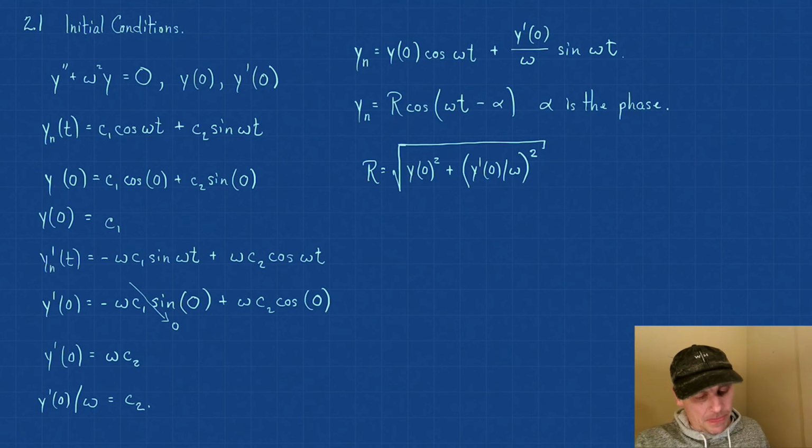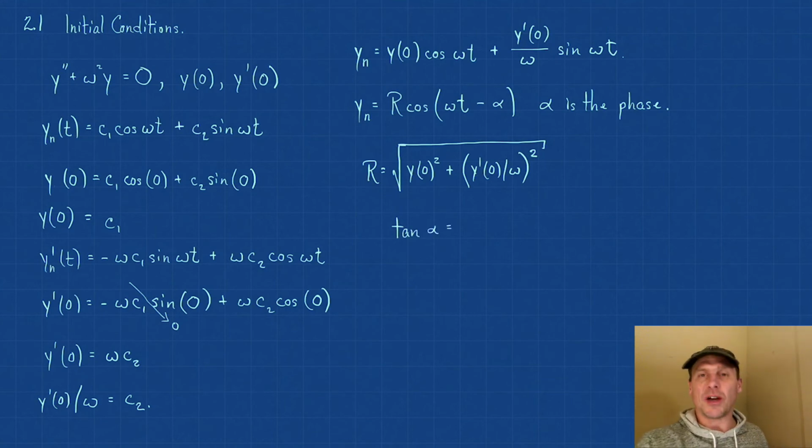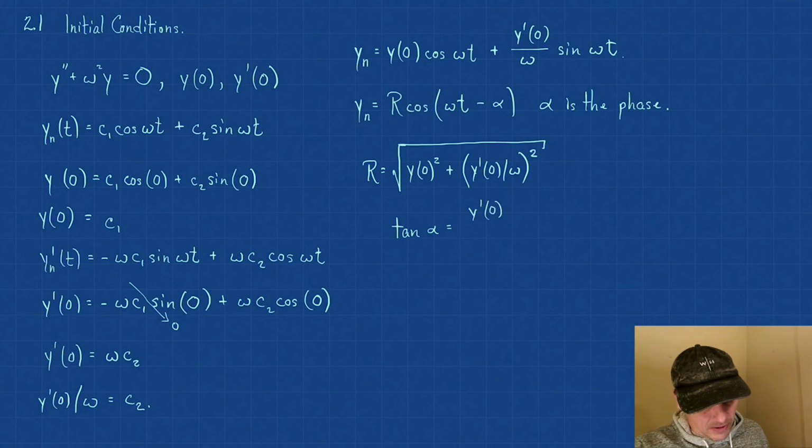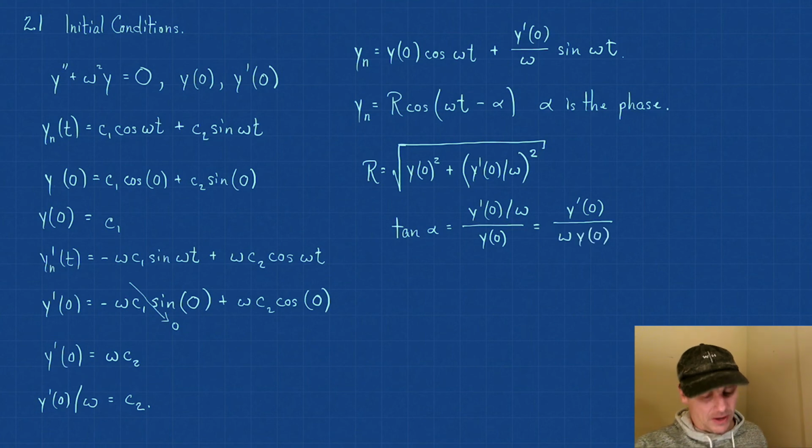Well, remember that the tangent of alpha equals the opposite over the adjacent. The opposite is the coefficient of sine, so that's y prime of 0 divided by omega. And the adjacent comes from the cosine, so that's y of 0. And this cleans up more nicely to y prime of 0 over omega times y of 0.